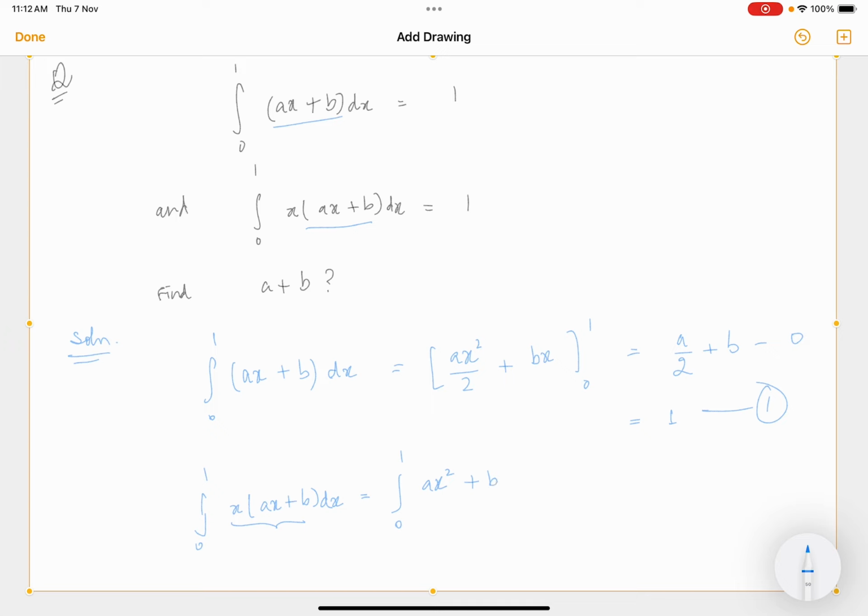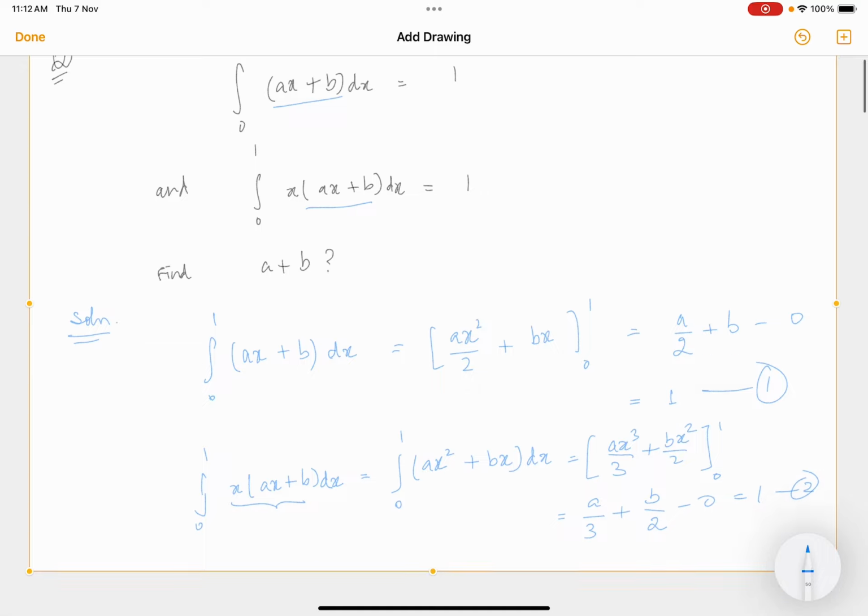And if I now integrate it using my integration formulas, it will look like ax cubed by 3 plus bx squared by 2, going between the limits 0 and 1. And when I substitute these limits, I get a by 3 plus b by 2 minus 0. And of course, this is equal to 1 as the question has given us.